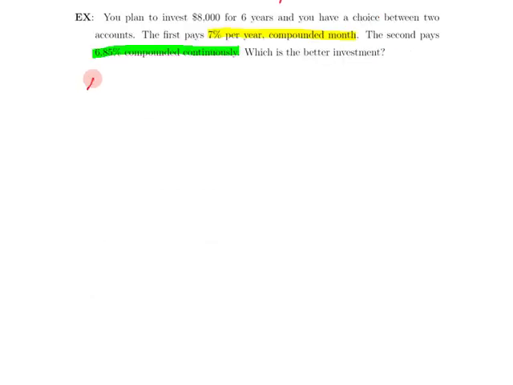Consider account 1. That's 7% compounded monthly. That means we're going to use the formula A is equal to P times 1 plus r over n to the nt. You're not required to memorize this formula. It will be provided on the test, but you do need to know how to use it and what the variables stand for. So the final amount is what we're looking for.